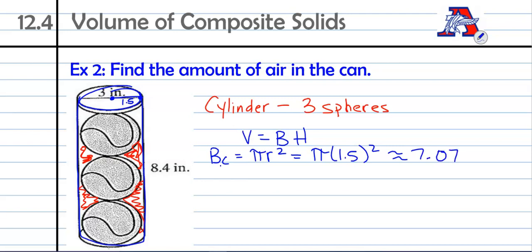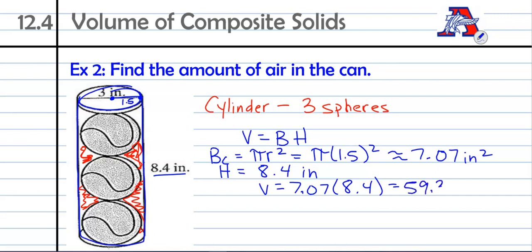Then the height of our cylinder is 8.4 inches. So the total volume of our cylinder is 7.07 times 8.4, which is about 59.39 cubic inches. Okay, so we're good there.